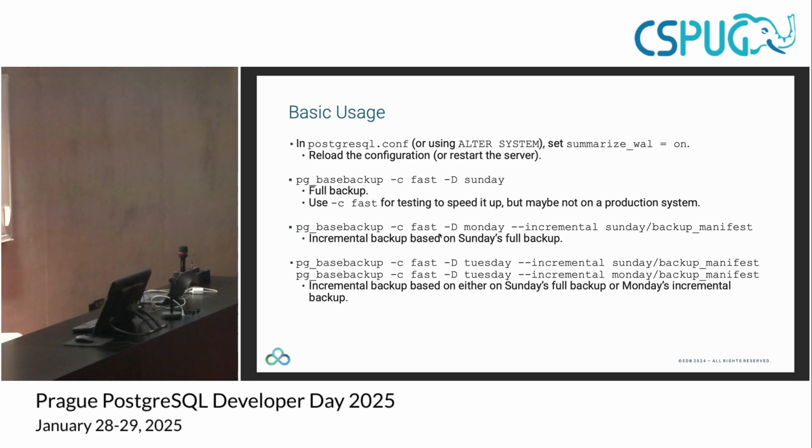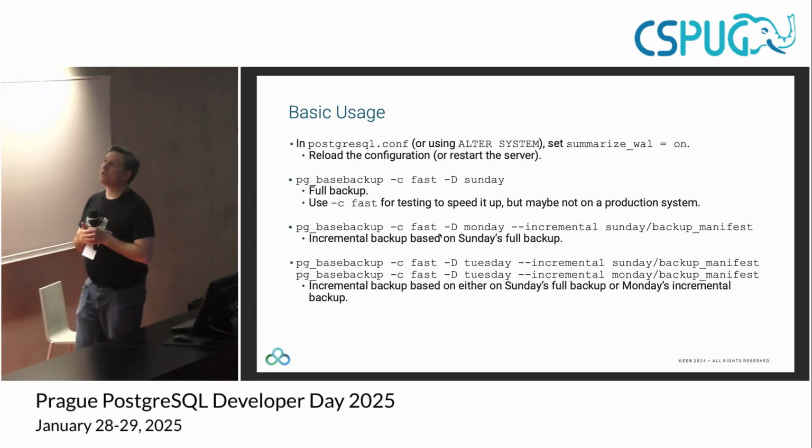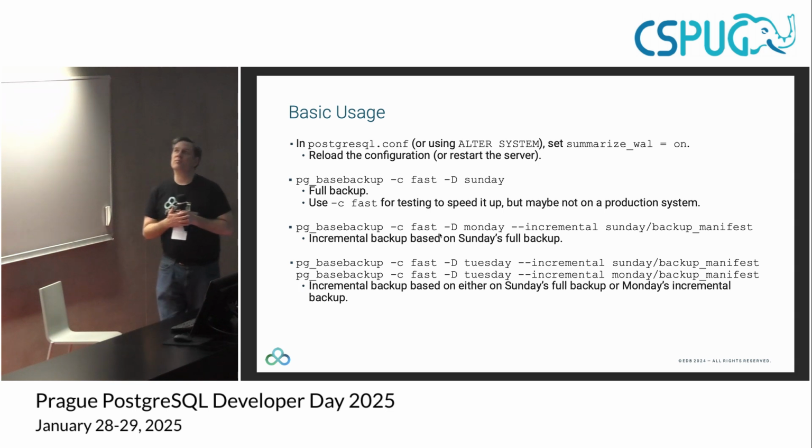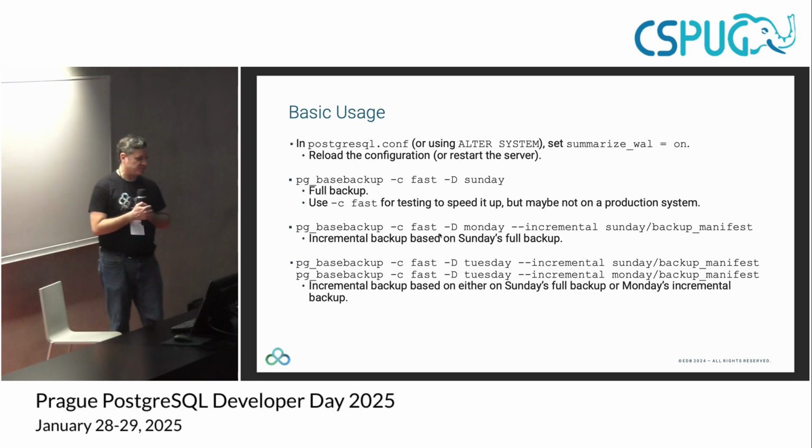In this case, the backup that's stored in the Sunday directory. So I'm saying that in the Monday directory, I'm going to end up with an incremental backup that is relative to Sunday's backup. Whatever has changed since Sunday's backup needs to be included in Monday's backup, but the unchanged portions don't.